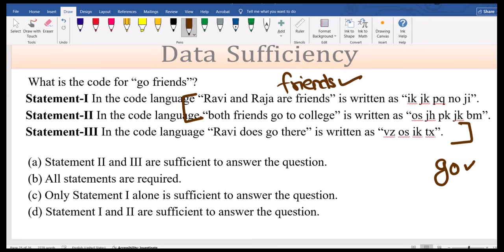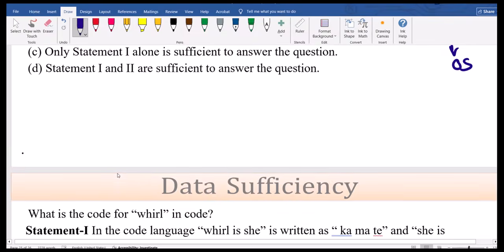Put together not sufficient, but we don't have that option; we have only the option all statements are required. The code for Go is OS, and the code for friends is JK. Now Go friends means OS JK or JK OS, order. The dilemma is there, but the option cannot be answered is not there. So we assume they want the Go code and friends code separately, and then we answer all statements are required.